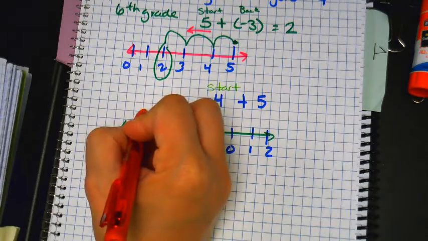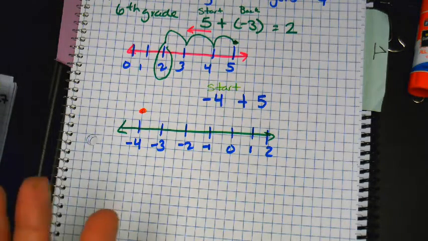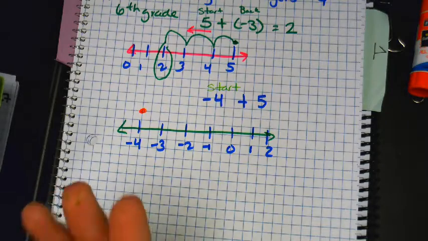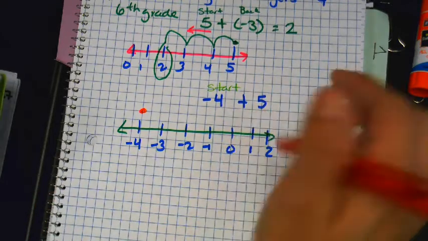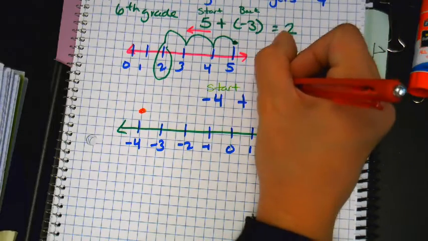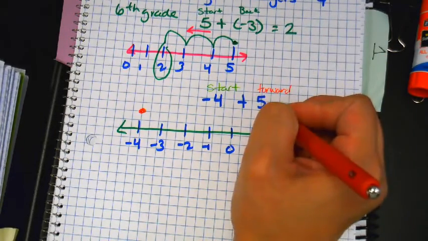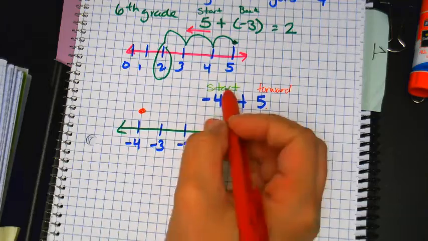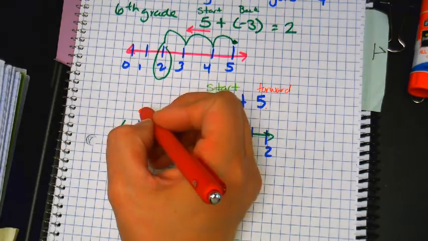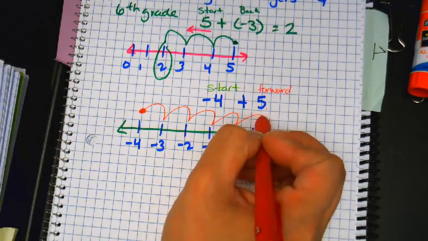Now, do I go back or forward? Why? Because the 5 is a positive, so we go forward 5 spaces. We start at -4, and then we go forward 5. So we go 1, 2, 3, 4, 5.